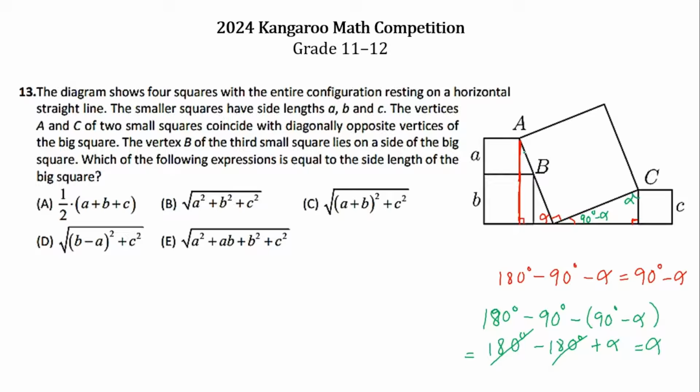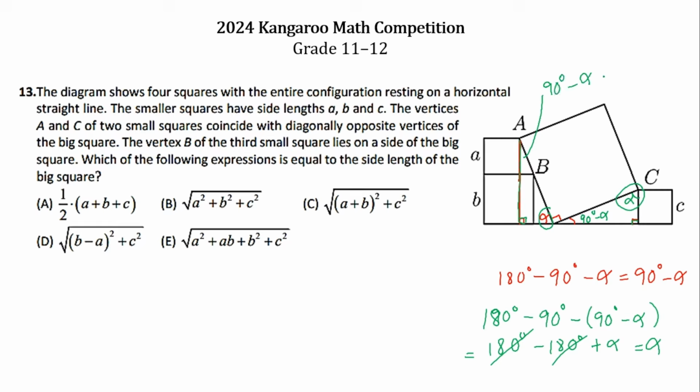Now if you look at this triangle, we have an alpha here, we have an alpha here. This one's 90, this one's 90. It means that this angle right here must be 90 degrees minus alpha as well. So 90 degrees minus alpha.